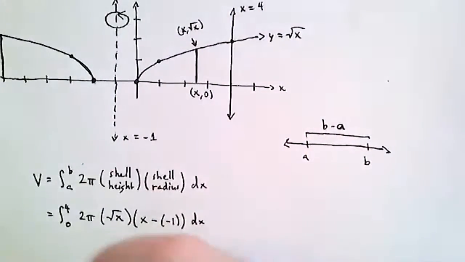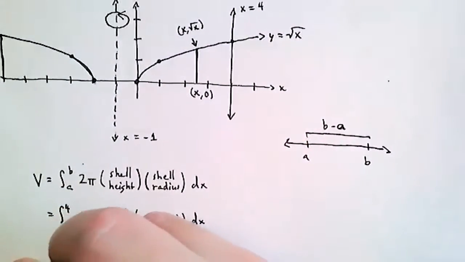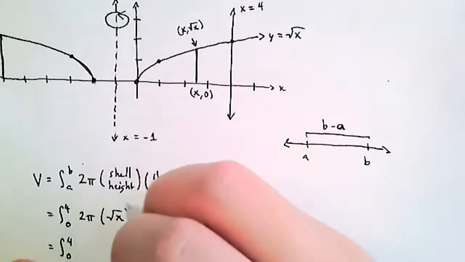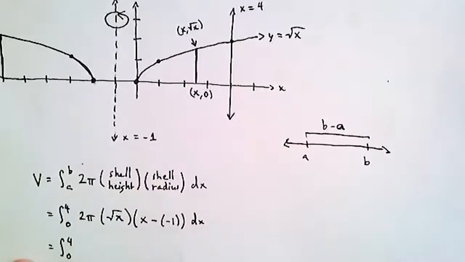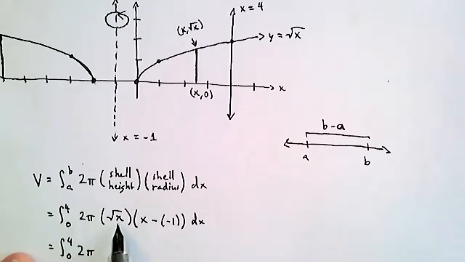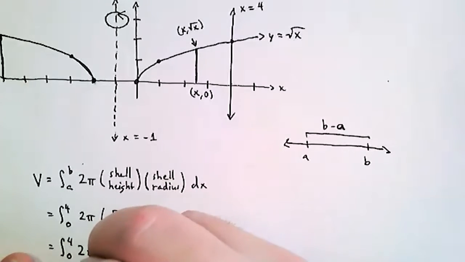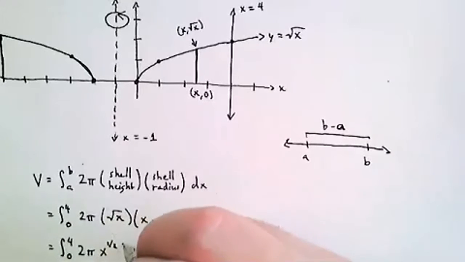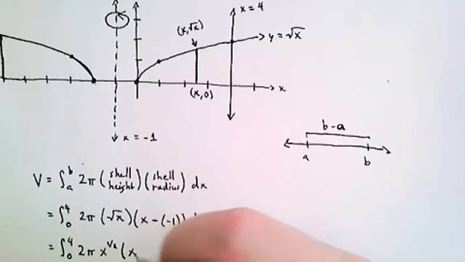Okay, so let's work through this integral. The first thing you'll want to do is distribute the square root. Well, maybe rewrite that as a positive first, in reality. And you also want to think of the square root as x to the 1/2, because we're going to need the power rule in a few minutes.